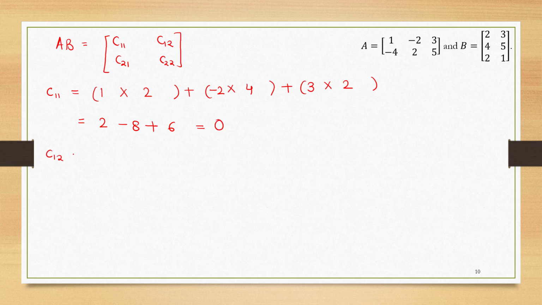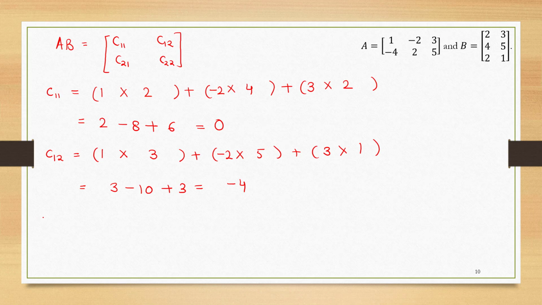Now C12, again 3 brackets. First entry will be the first row of A, that is 1, minus 2, 3, and second entries will be the second column of B, that is 3, 5, 1. So you get 3 minus 10 plus 3, or 6 minus 10, that is minus 4.